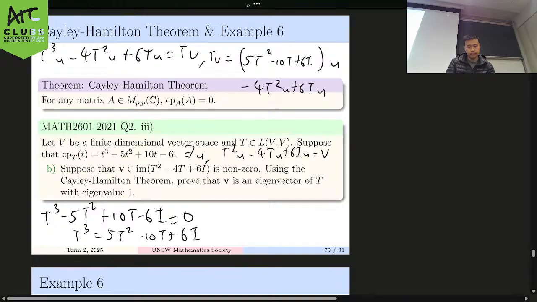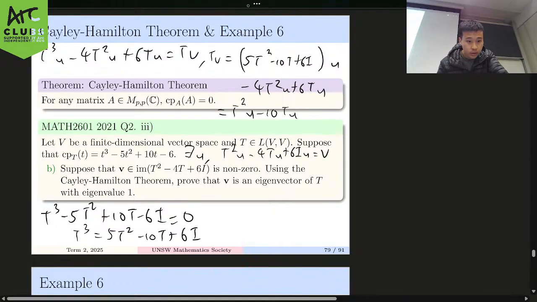All right, so that's equal to T squared u minus 10T u. How do I sort this out? The 6I u thing.